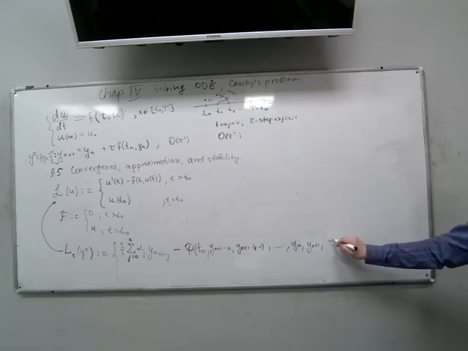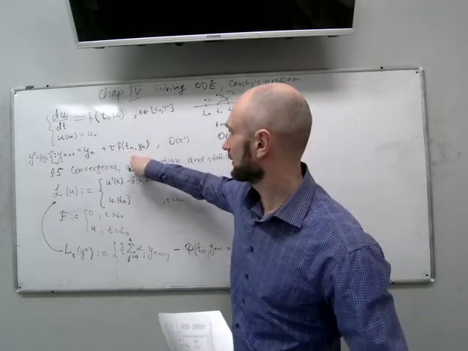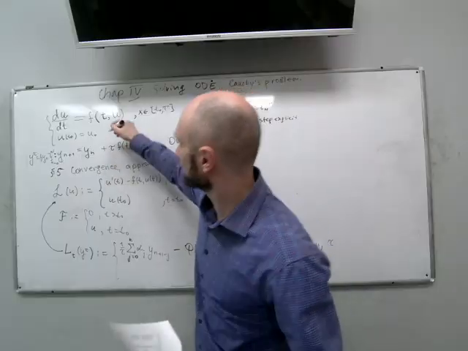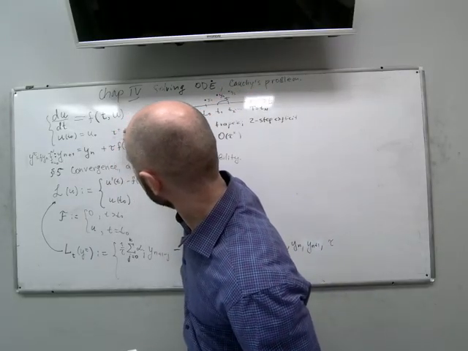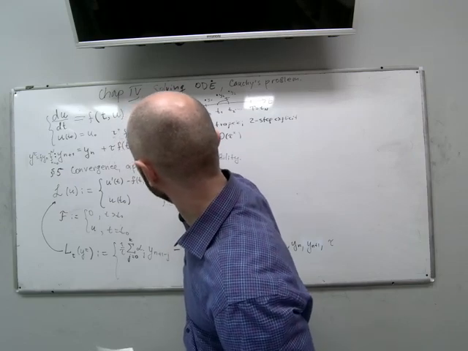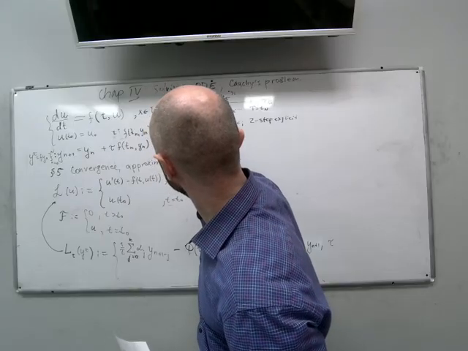It is also tau, because in the trapezoidal rule, what we have here is tau by 2 times f of tn, yn plus f of tn plus 1, yn plus 1.